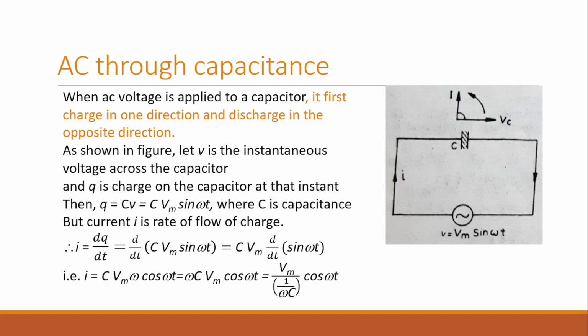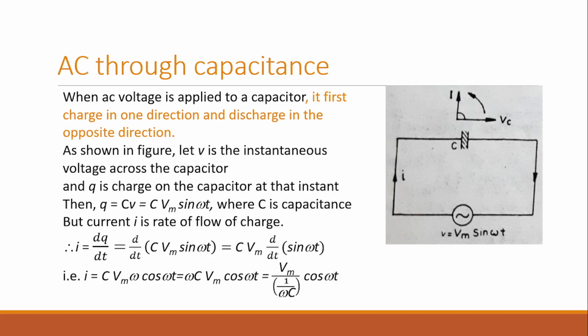We have to differentiate sin omega t only, and the differentiation of sin omega t is cos omega t into omega. In this way we find I equal to omega C into Vm into cos omega t. We can write the same equation as Vm divided by 1 by omega C, where it was in the multiplication, into cos omega t. So now we have the equation I equal to Vm divided by 1 by omega C into cos omega t.